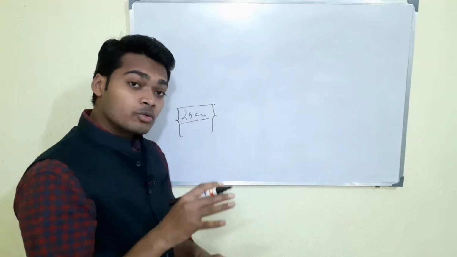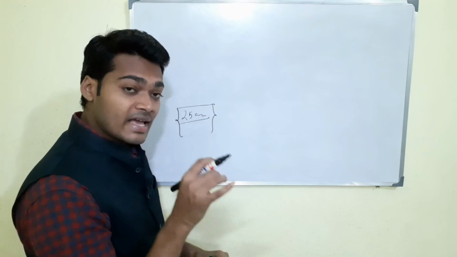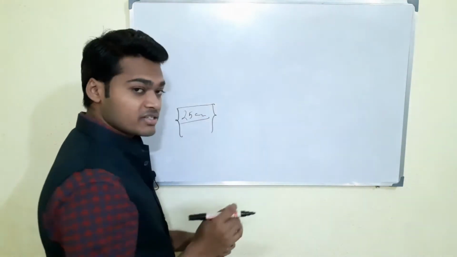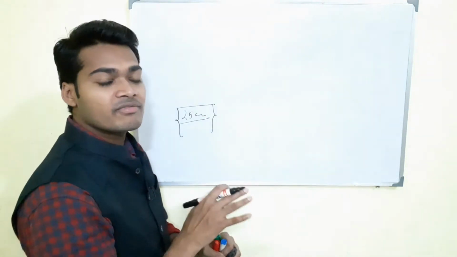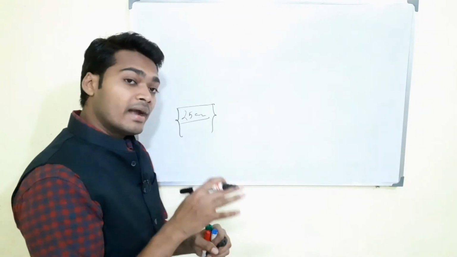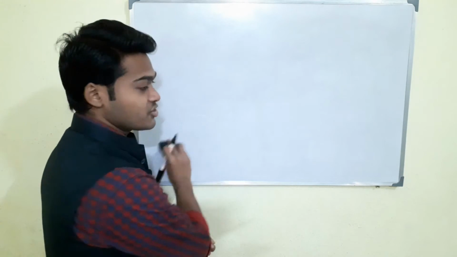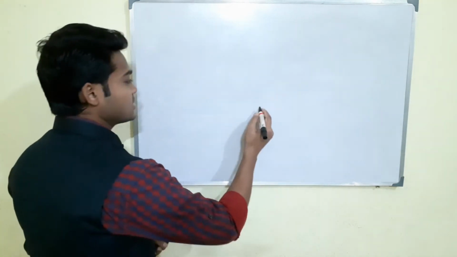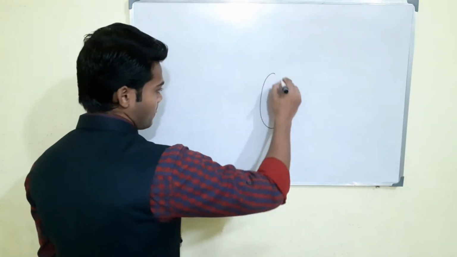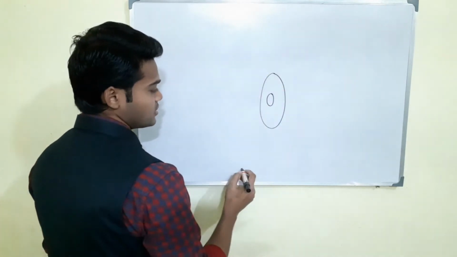Or if we use a mirror with a hole, we can simply use it by reflection. But the modern ophthalmoscope is reflexless, and previously people used reflection for ophthalmoscopy. Suppose this is a mirror with a hole.